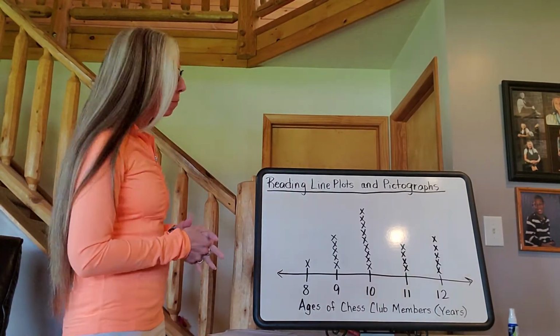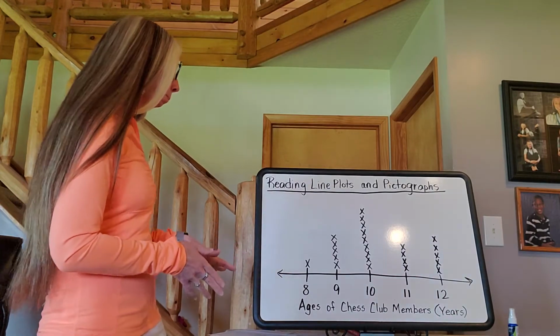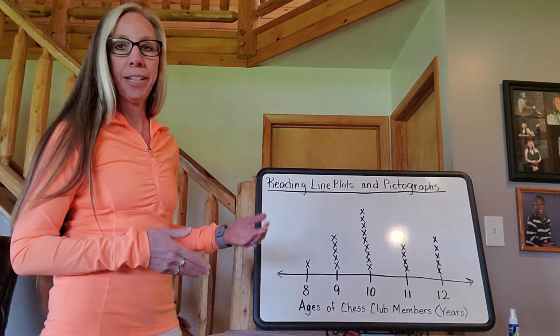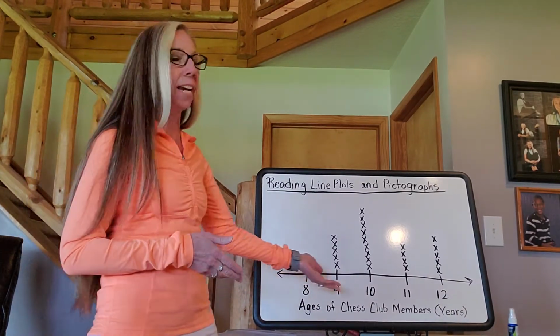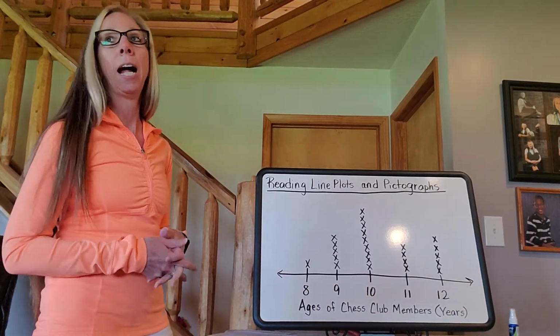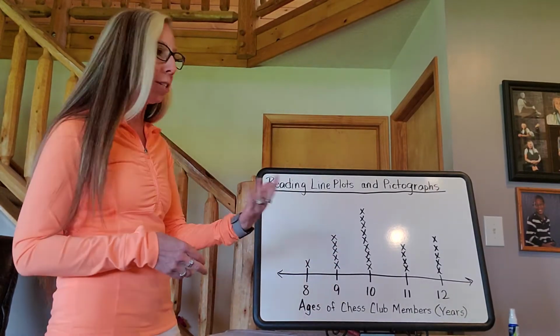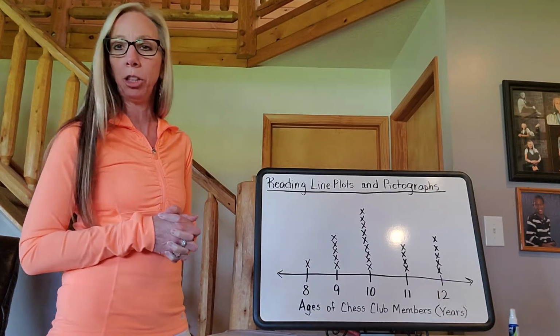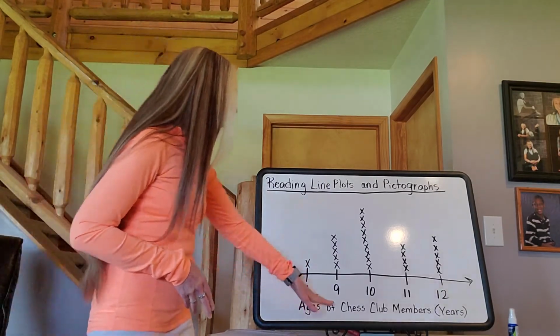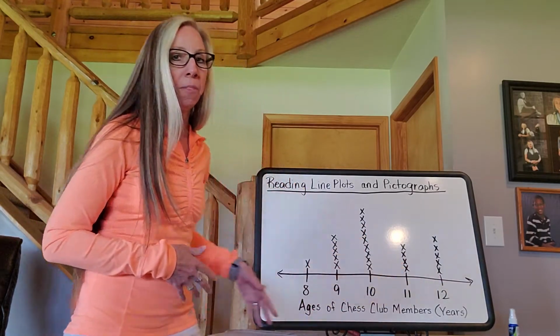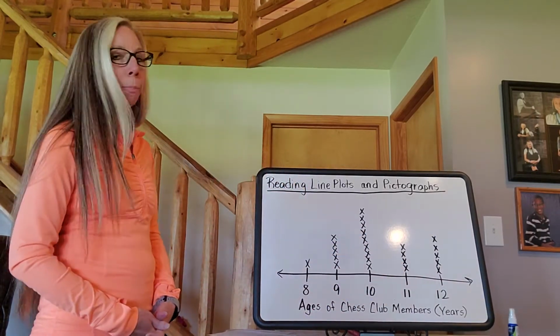So let's get started. So this is a line plot of ages of chess club members and their years, the ages of those kids that are in this chess club and how old they are by their years. So are they 8 years old, 9 years old, 10 years old, 11 years old, or 12 years old? So that's what the x-axis, that's called the x-axis across the bottom, that's what is represented there.